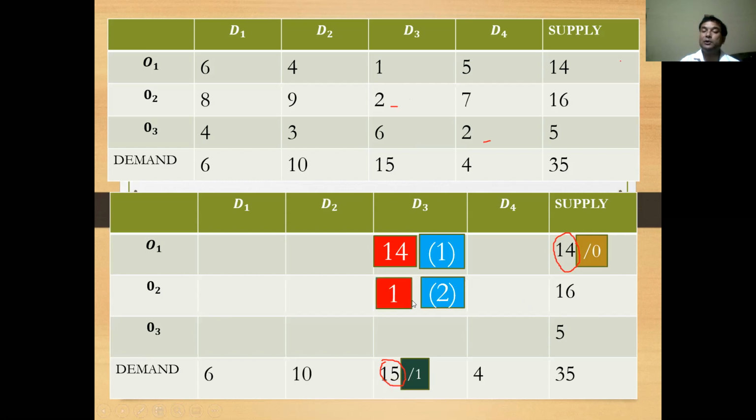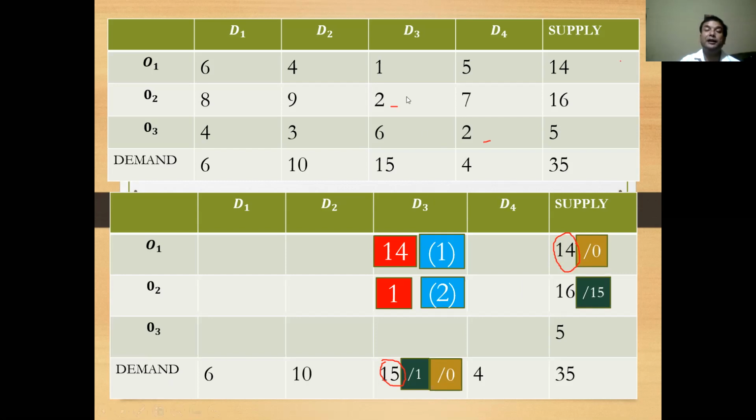After giving one item, there is no requirement left in destination 3. And the items still available in origin 2 are 15.